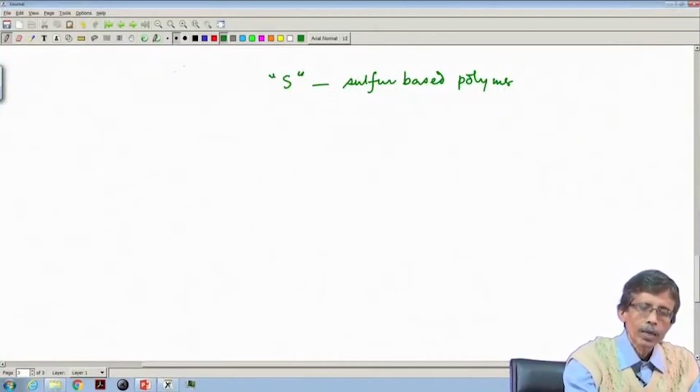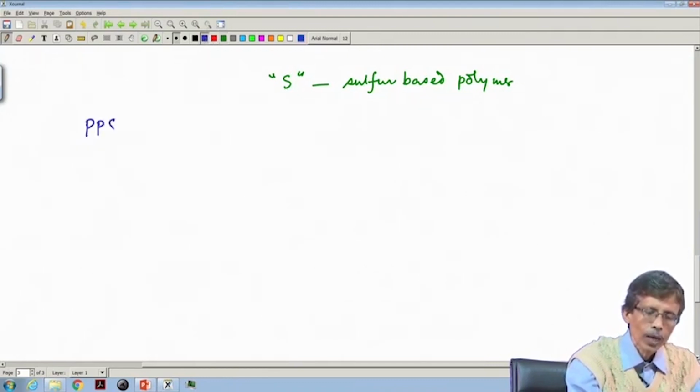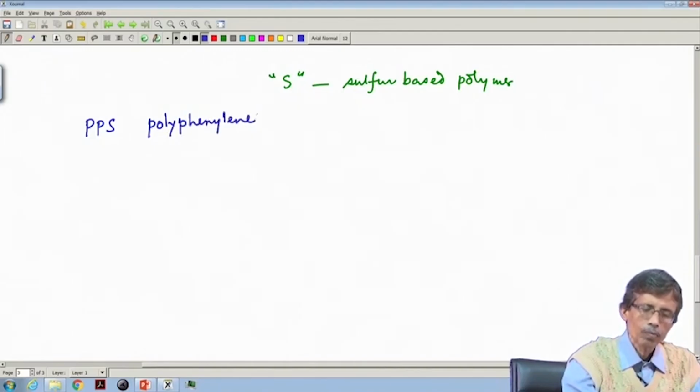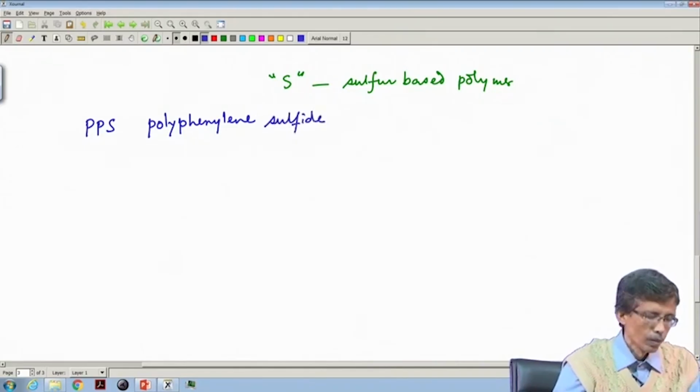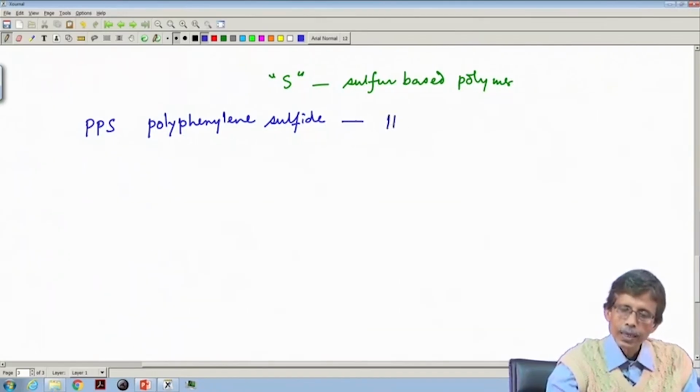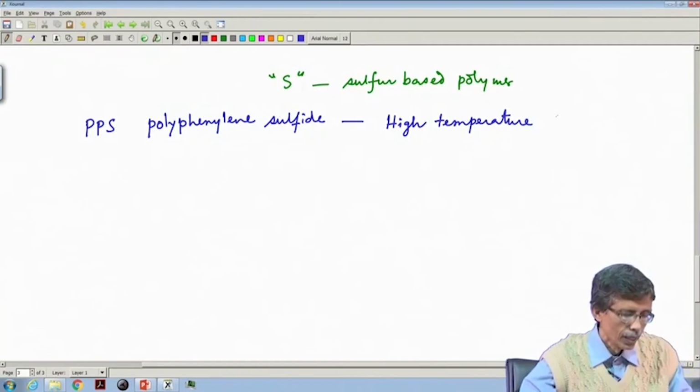So one very useful polymeric material is known as PPS, polyphenylene sulfide. Because this is industrially useful, it is a high temperature resistant material.